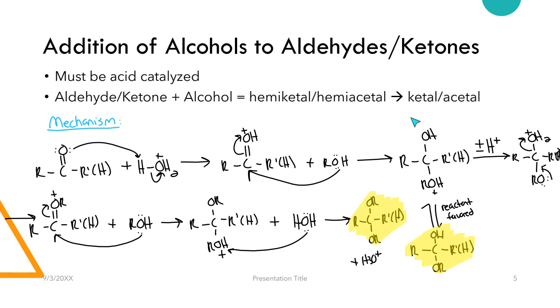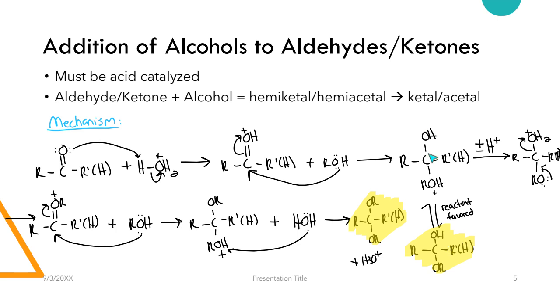And from here, you can either deprotonate this alcohol group that we just put on and end up with this, which is your hemiketal or hemiacetal. And this does happen to a very, very small extent, but because this OH group likes to be protonated so it can come off so much, this barely happens. So this will happen to some degree, but when it's formed, it goes right back to this.